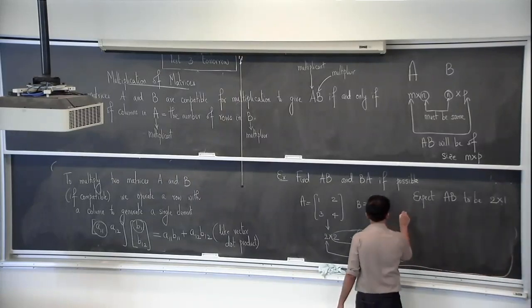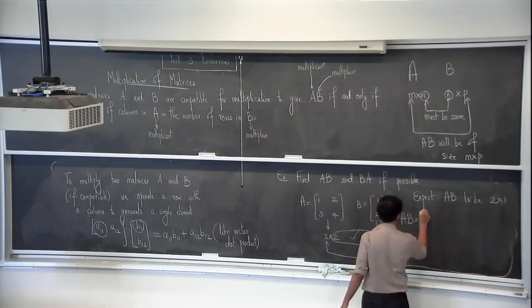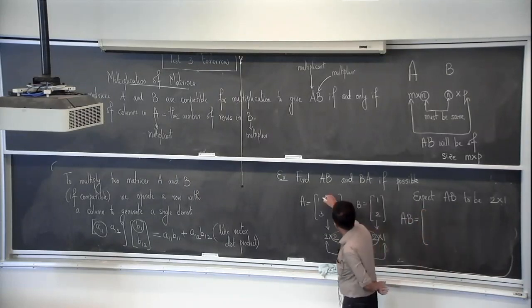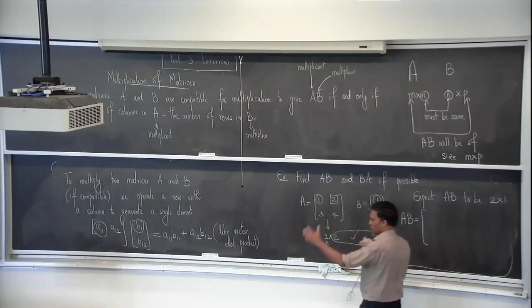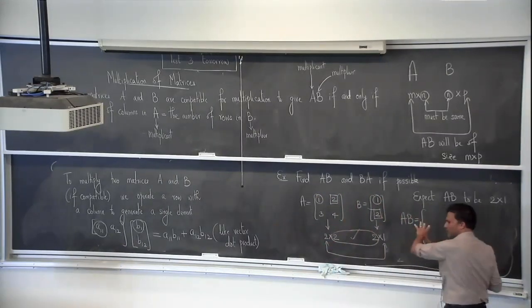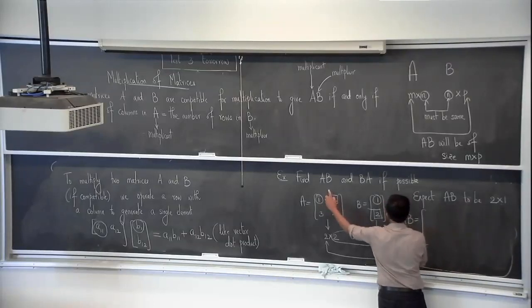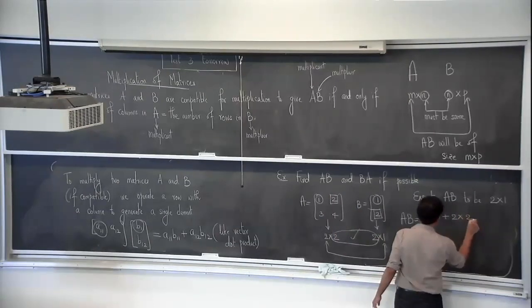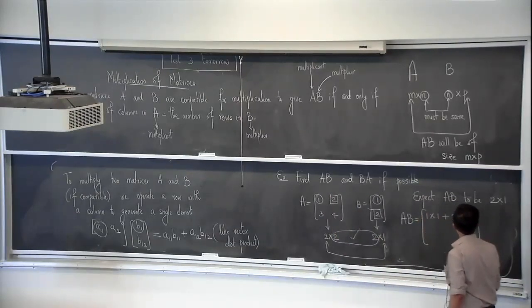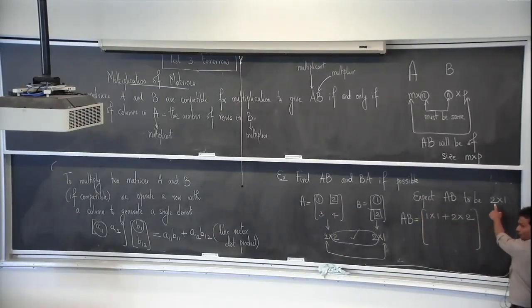So now that it's compatible, A times B would be, so the first entry would be 1 times 1 plus 2 times 2, just like I did there. You are multiplying and adding them together. That is going to be the first row, because it's a 2 by 1, right?